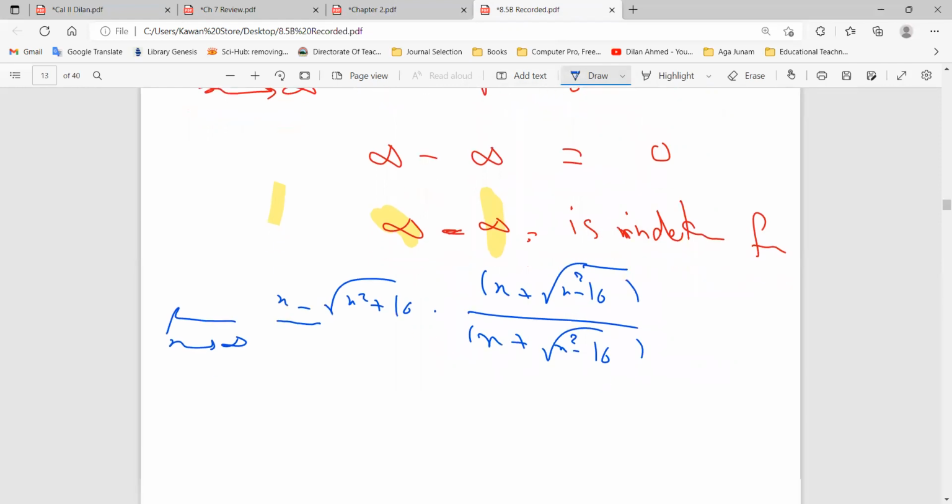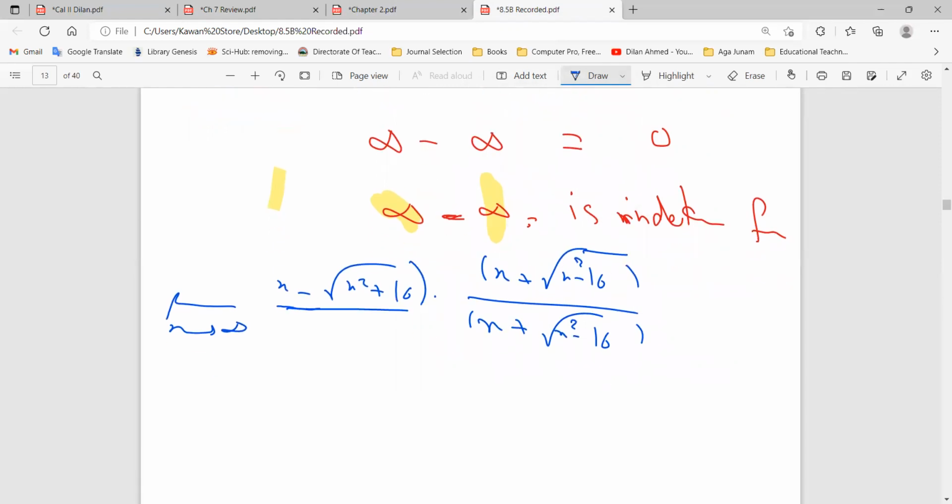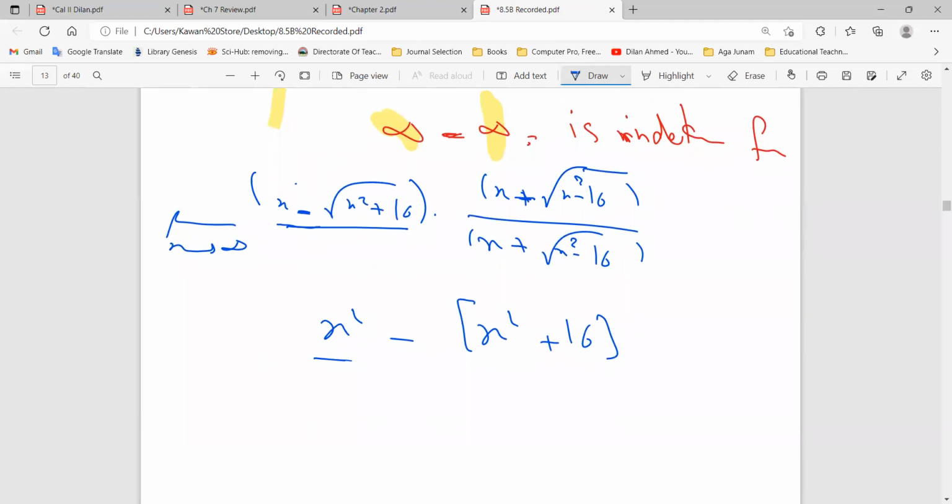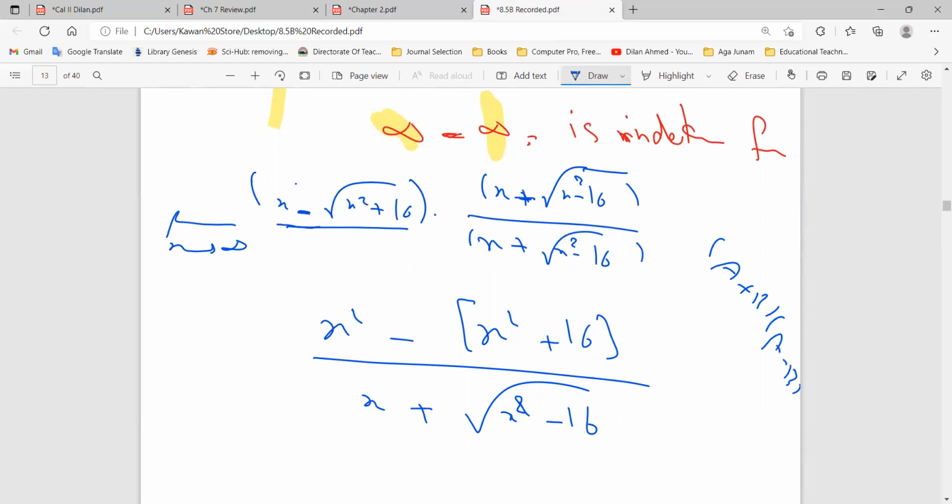Do you have any problem? And you know, when you multiply two things with different signs, we say first square minus second square. Am I right? It will be x squared minus x squared minus 16, over x plus the square root of x squared plus 16. When we multiply two brackets, let me do it nicely.